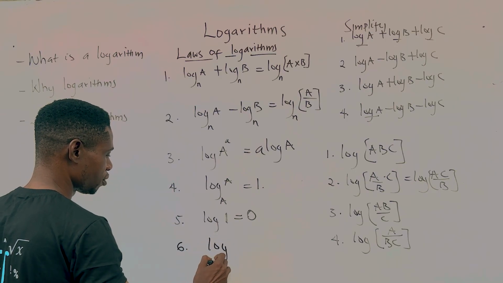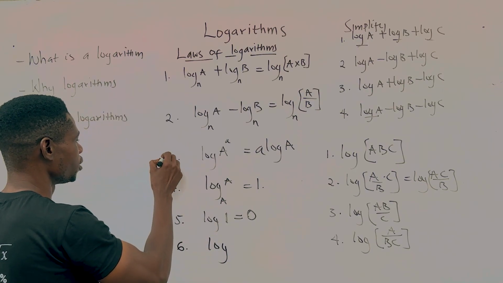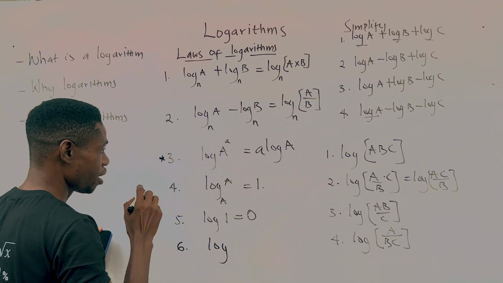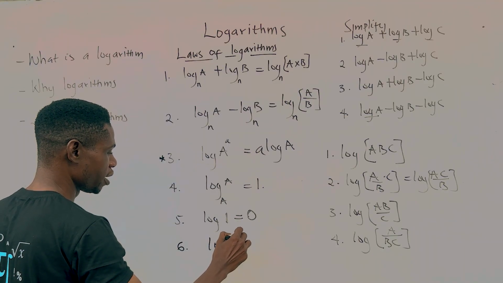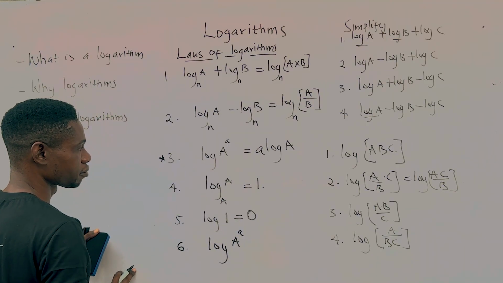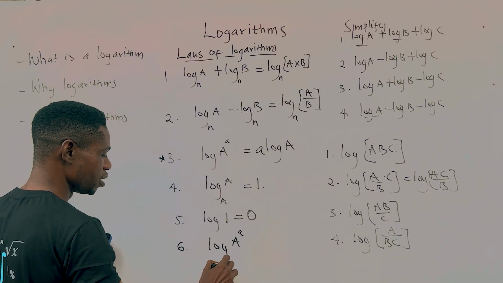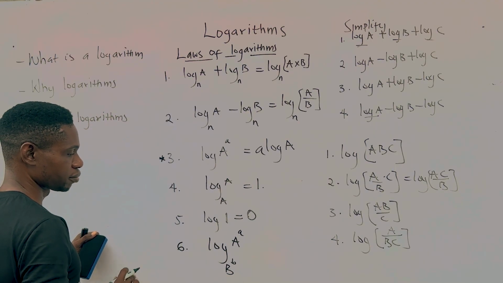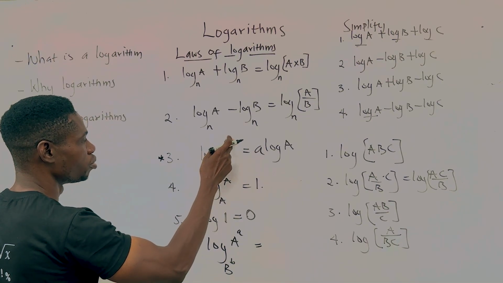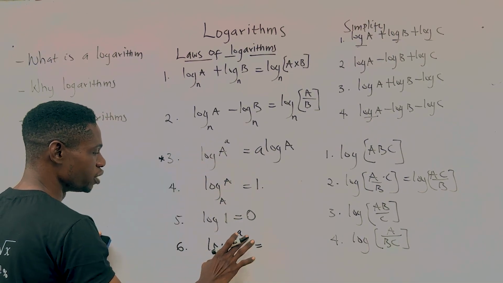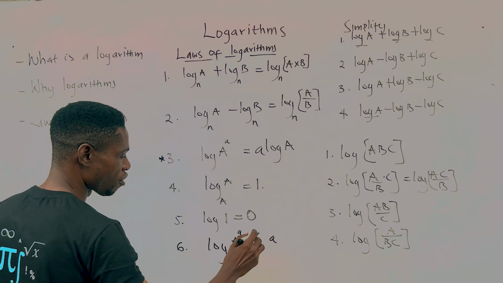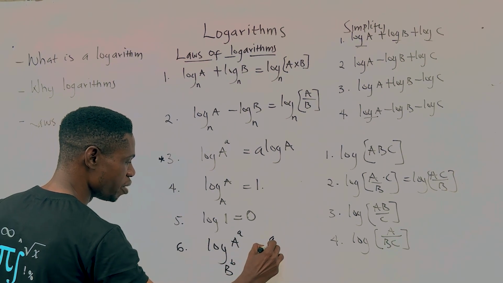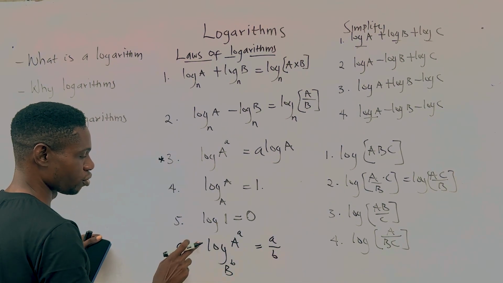The next one: let's extend law 3. If you have log of, say, A raised to power a, and the base B has a power of its own, remember in this one, we'll bring the power forward, right? We'll do the same thing. We'll bring the power forward and the power of the base as denominator.